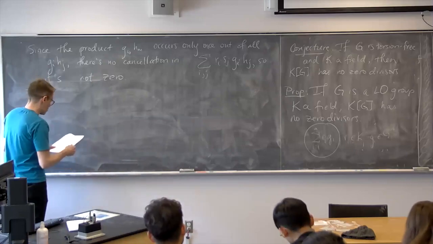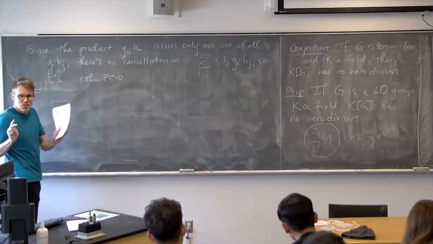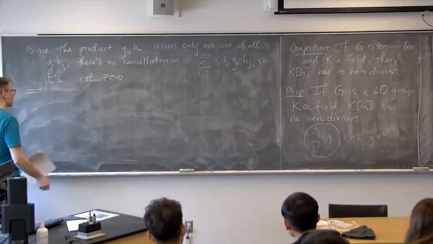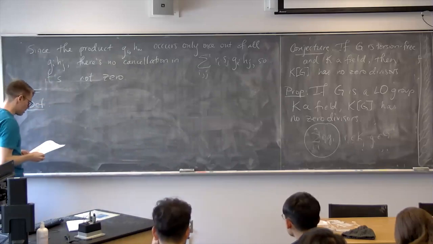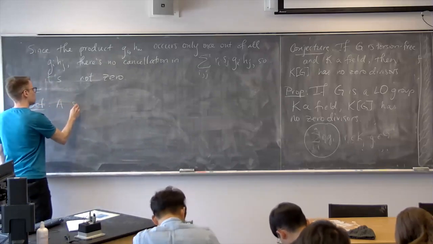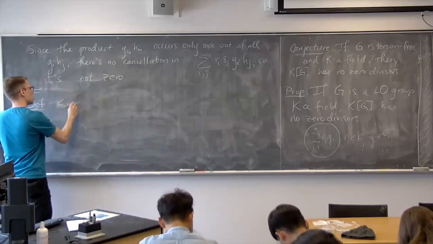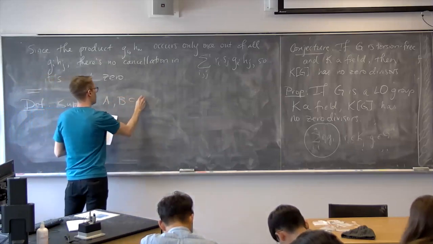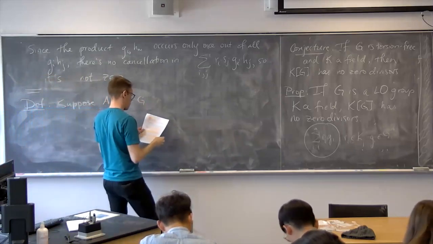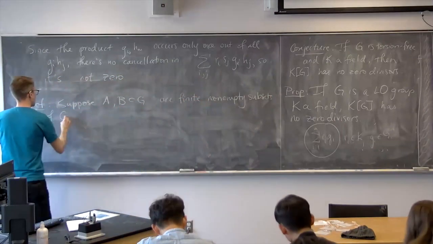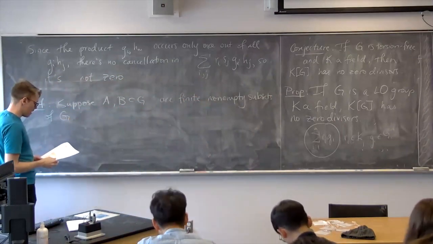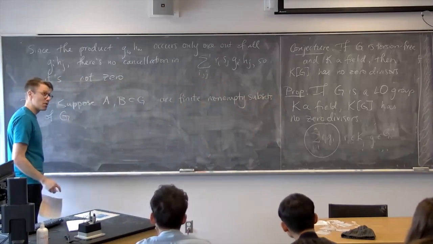So let's make those two definitions that capture those. So first definition is that, suppose A and B are finite, non-empty subsets of G. So I want to say what is a unique product for the pair.